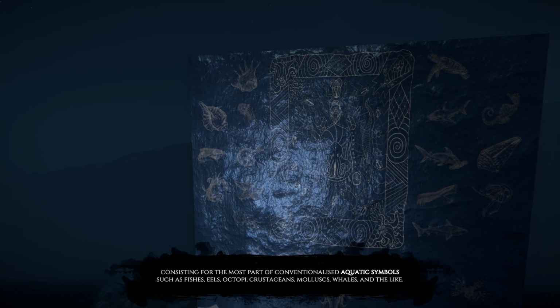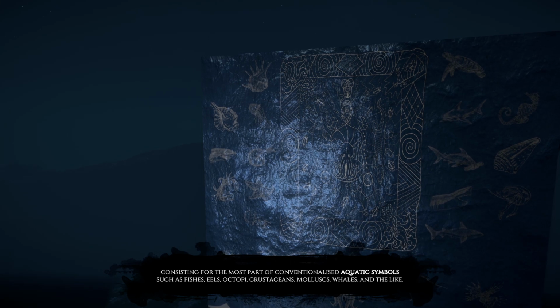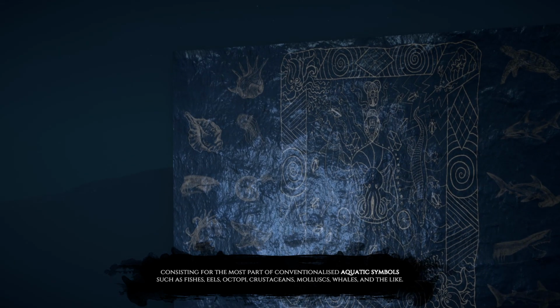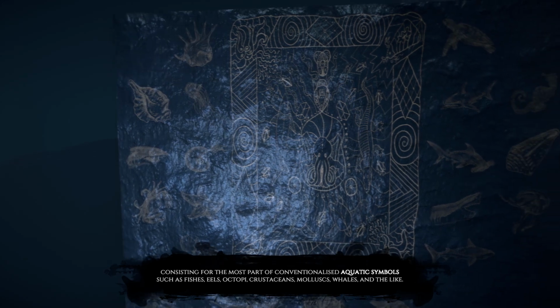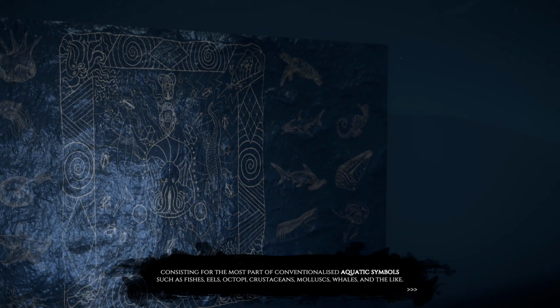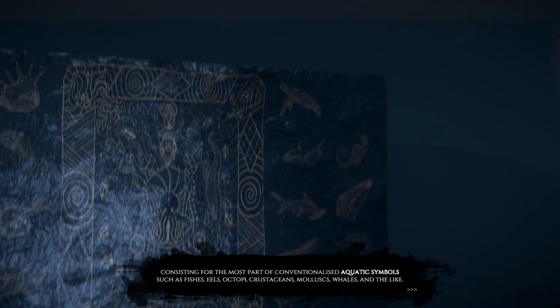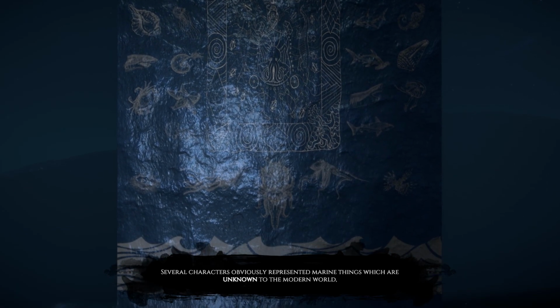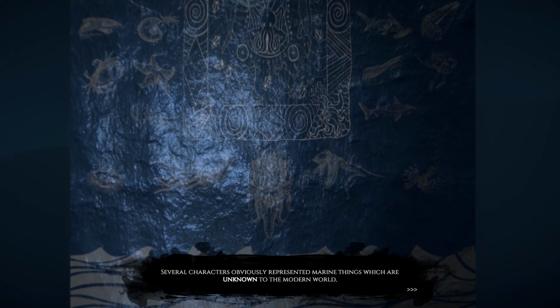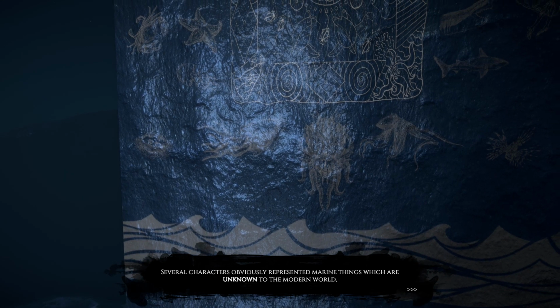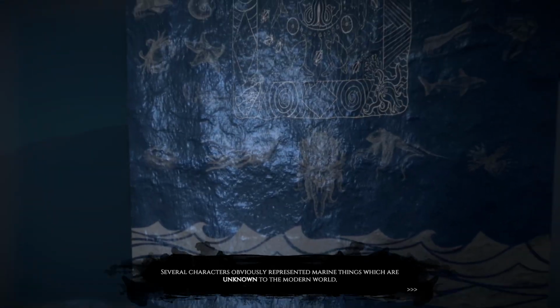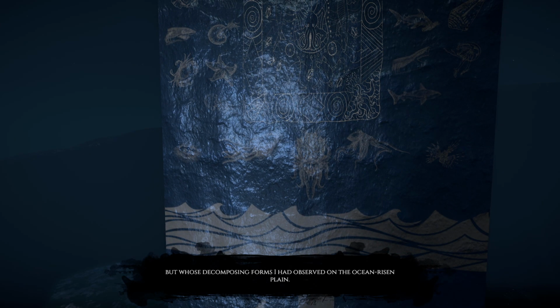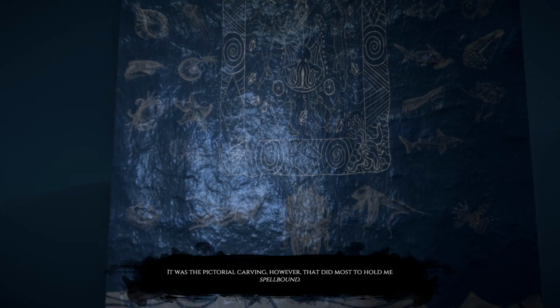Consisting for the most part of conventionalized aquatic symbols such as fishes, eels, octopi, crustaceans, mollusks, whales, and the like. Several characters obviously represented marine things which are unknown to the modern world, but whose decomposing forms I had observed on the ocean-risen plain. It was the pictorial carving, however, that did most to hold me spellbound.